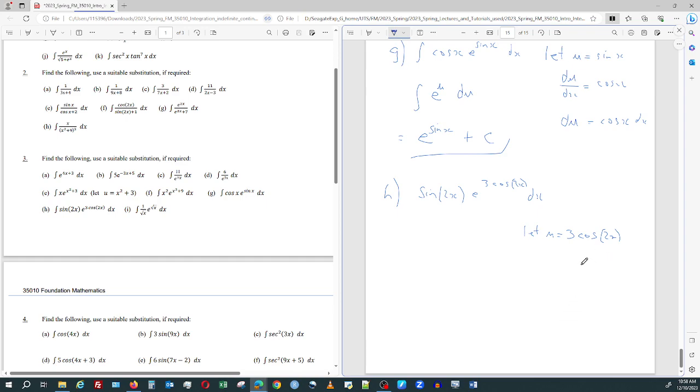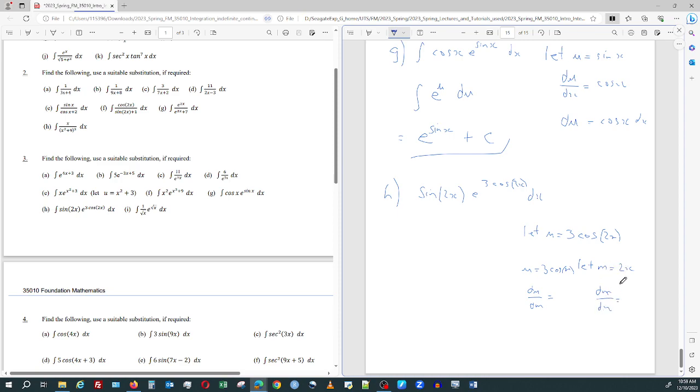So we need to let m, building up our chain rule differentiation, equal 2x, and therefore u can be rewritten in terms of m as 3 cos m. Now we can do our chain rule for du dm, and over here dm dx. So they come together to give us our chain rule.